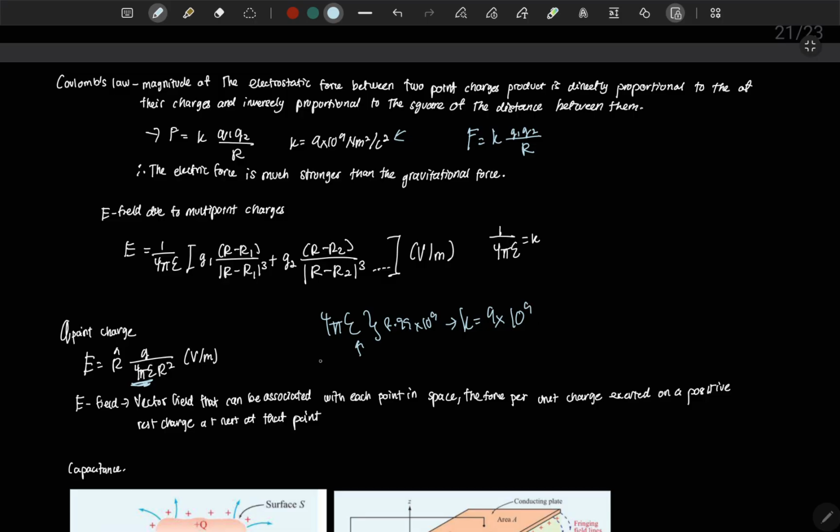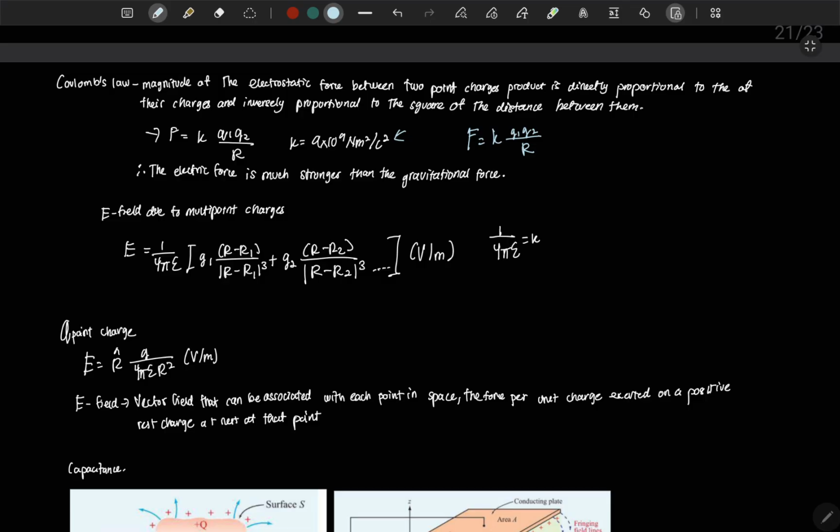This is how the 4 pi permittivity became K. Remember, the K value would be given. If the K value isn't given in the question, then you should write the K value as 9 times 10 power of 9. In some cases the K value is given as 8.99, so beware of that.